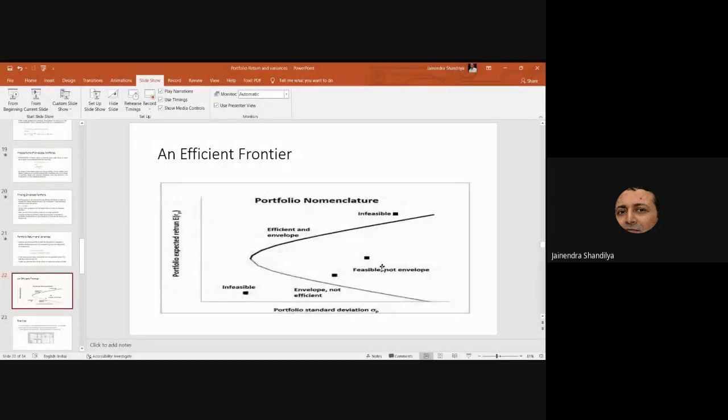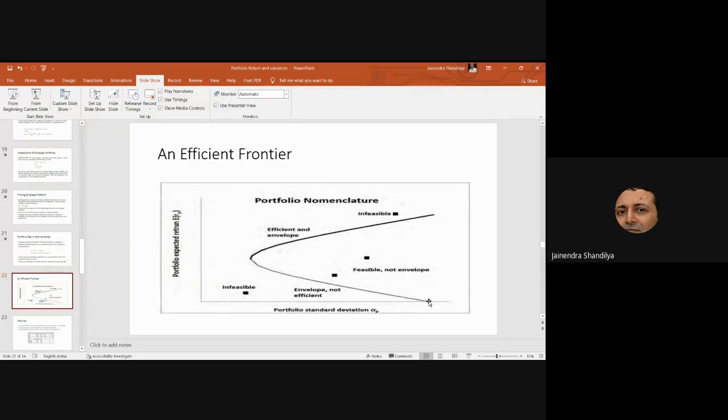So let me show you something in the PPT. Finally you get a frontier like this. If you have done a good job of starting something with minus 1.5x to 2.3x, your frontier will start from somewhere here until here.